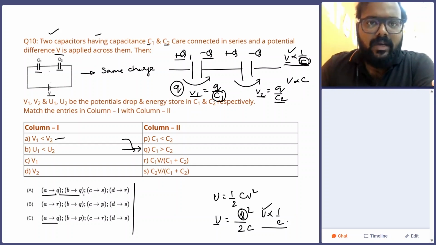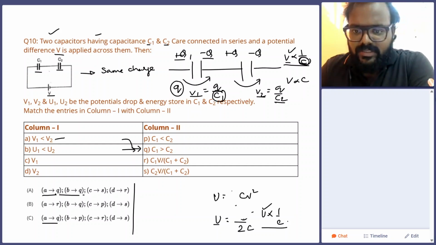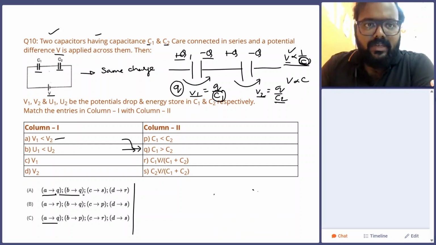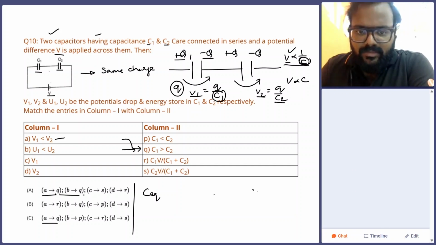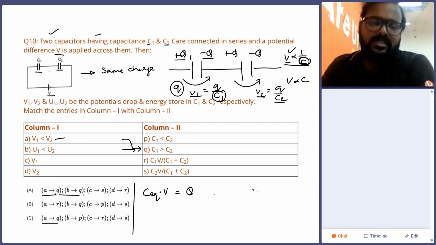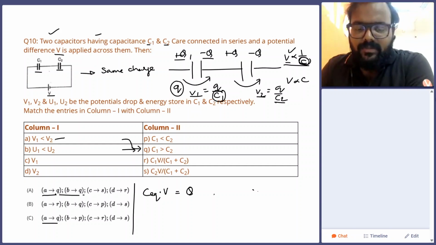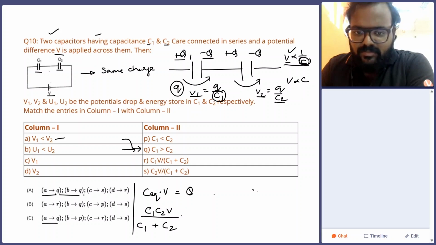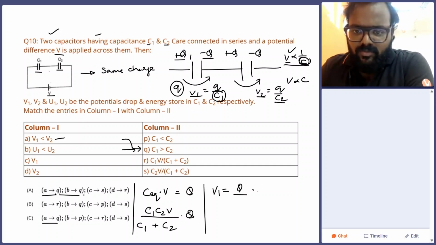Now if both of them are combined together, there is a series combination. Now we know very well that C equivalent into V will be the charge, actually the charge stored inside this particular combination. C equivalent is C1 C2 by C1 plus C2. This is charge Q. Now what is V1? V1 would be Q by C1.